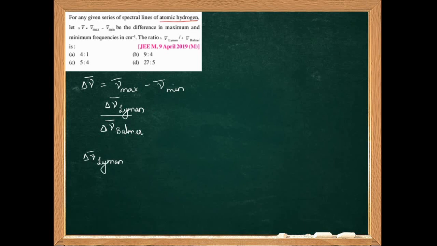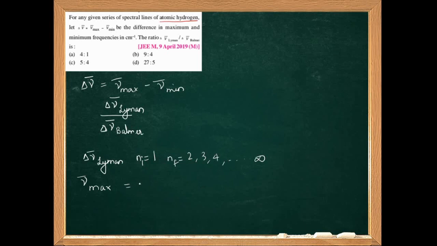First we'll find the delta nu bar for Lyman. We should know the nu max. The maximum frequency is when we have the transition. For Lyman, the transitions are from n equal to 1 to n final equal to 2, 3, 4. The maximum difference in energy will be when this value is infinity. So from n equal to 1 to n equal to infinity, we'll have the maximum frequency.